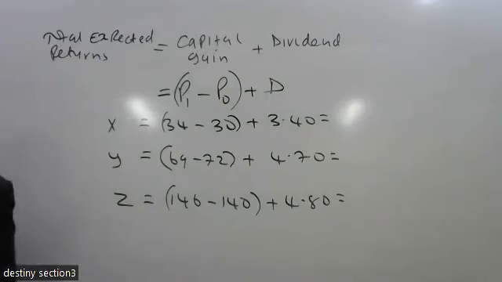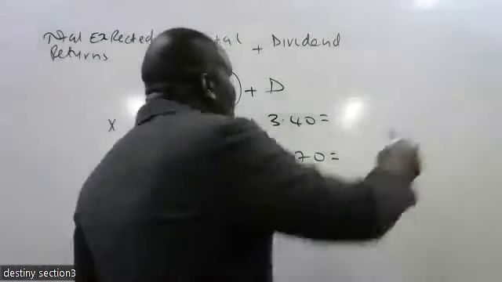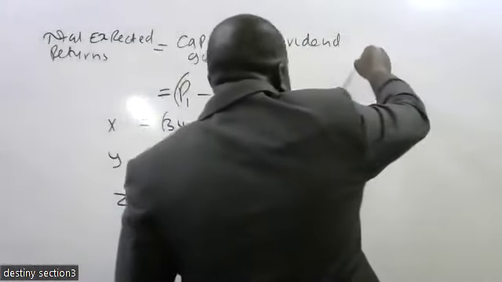To get the relative returns, it is simply the percentage return. We get those total returns, then we divide by the price at the start, so that you come up with the percentage return.